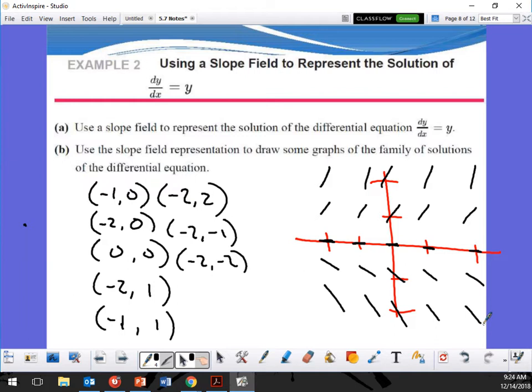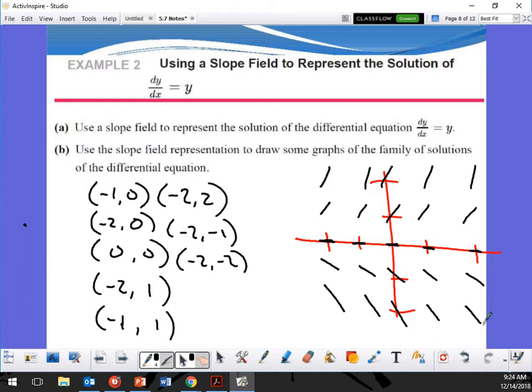What if it's the same thing going up and down like that? The y is not going to matter. Does that make sense? That's key for a lot of these problems.